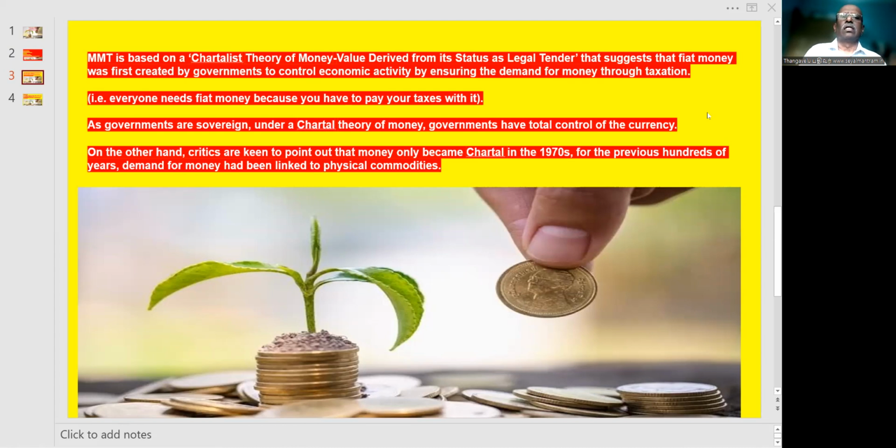And there are so many critics based upon that chart in the previous 100 years, in which demand money had been linked to physical commodities, even up to that level.